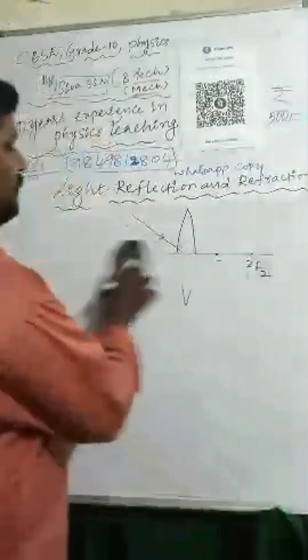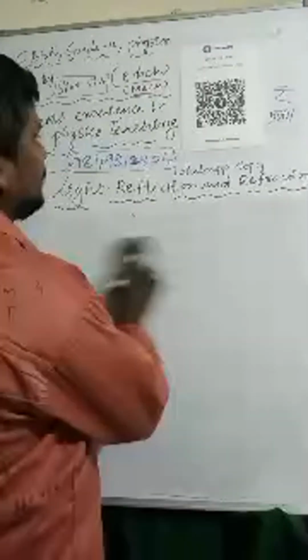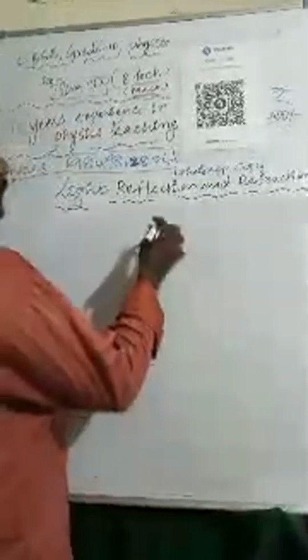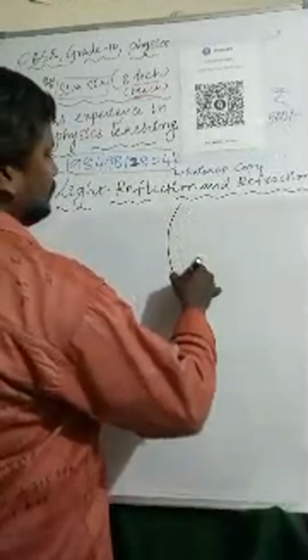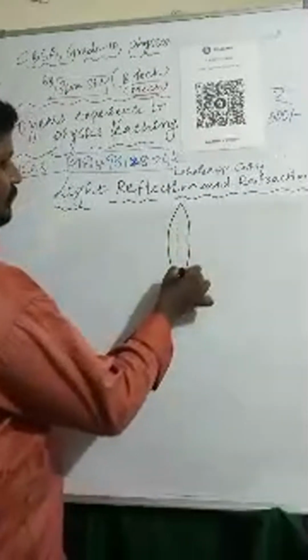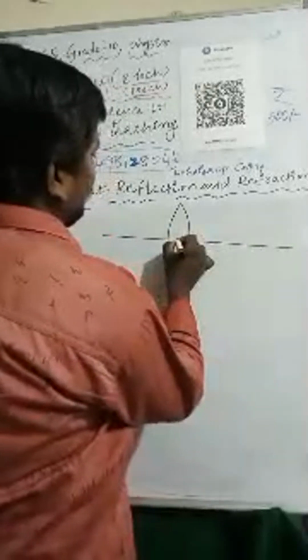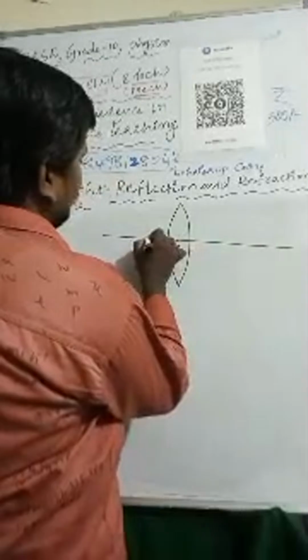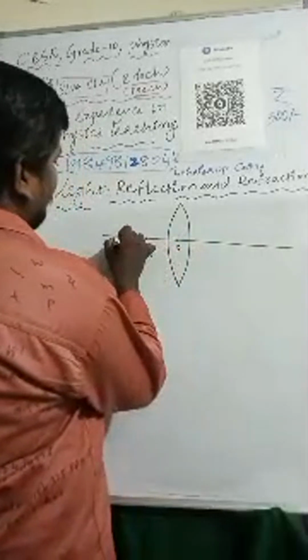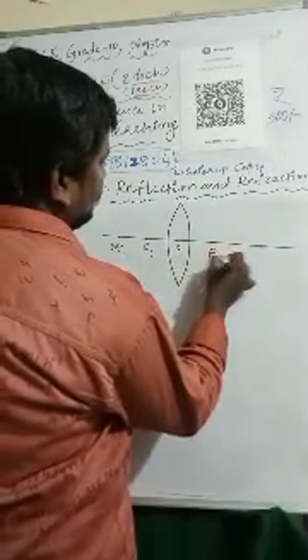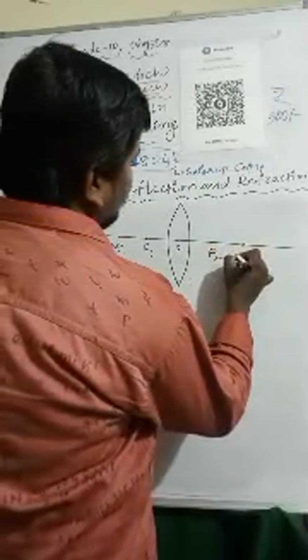Coming to image formation. I'm considering the optic center, F1 to F1, F2 to F2.